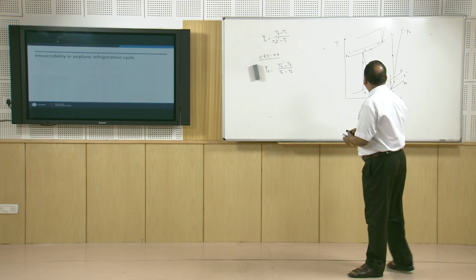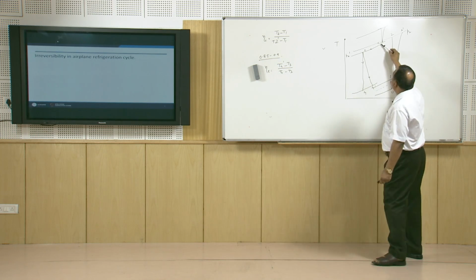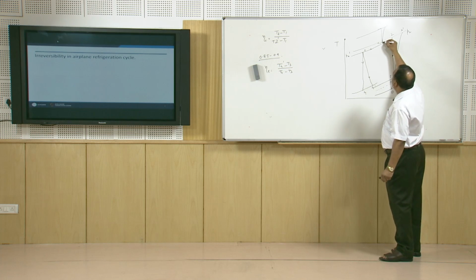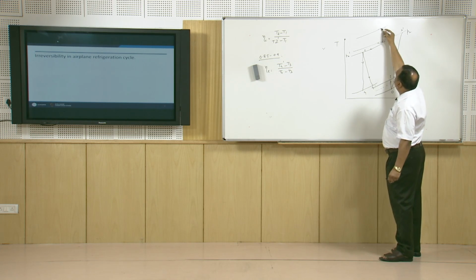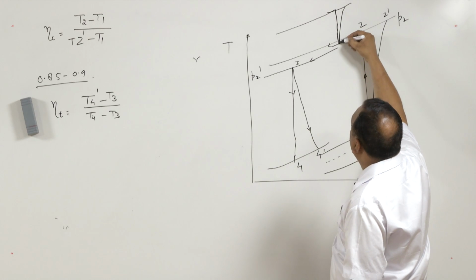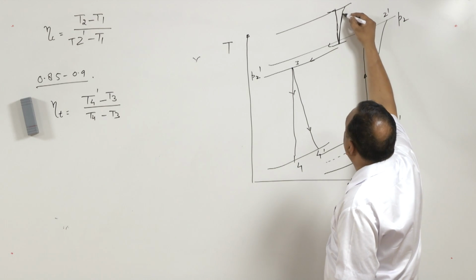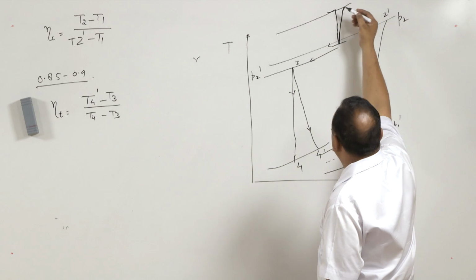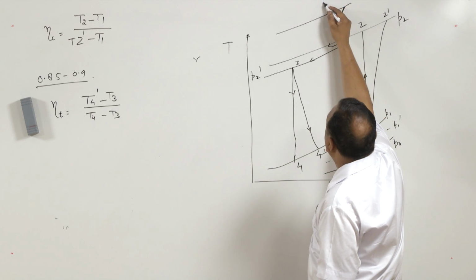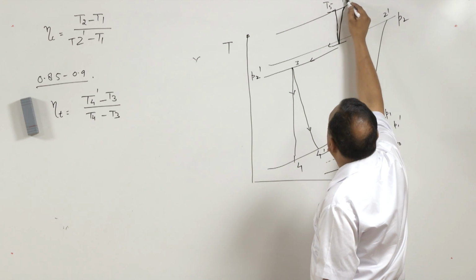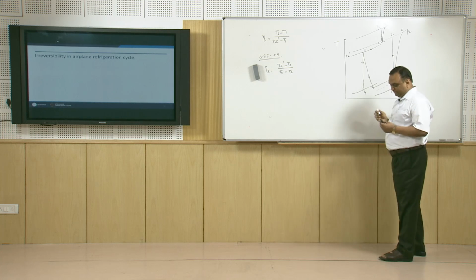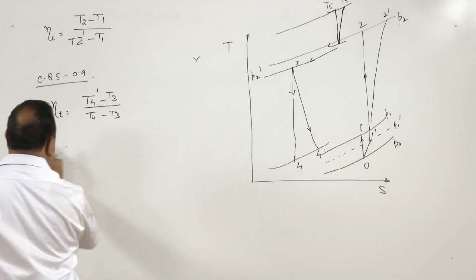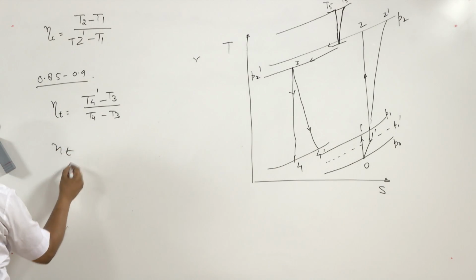The compression in the secondary compressor is again not a reversible process, and change in entropy takes place. That is why the temperature at this state, let us say state 5, is T5 and T5 dash. So, T5 dash is greater than T5, and in this case also the efficiency of turbine is in the range of 85 to 90%.